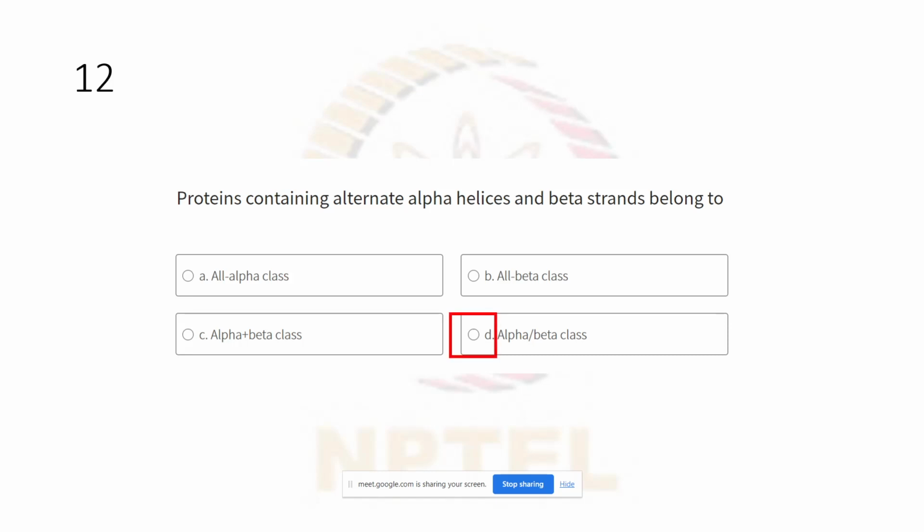They belong to the alpha beta class. That is the third class in the structural classification that we have done.